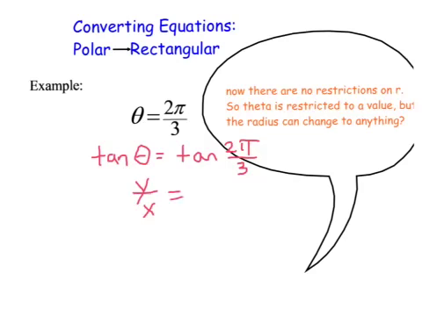Okay? If I actually think about the unit circle, we have a 60-degree reference angle. And I know that in a 60-degree reference angle, when y is 1, I know that opposite the 60 is square root of 3 over 2.